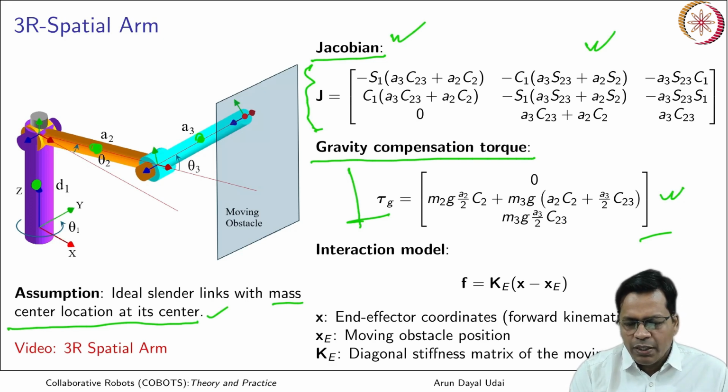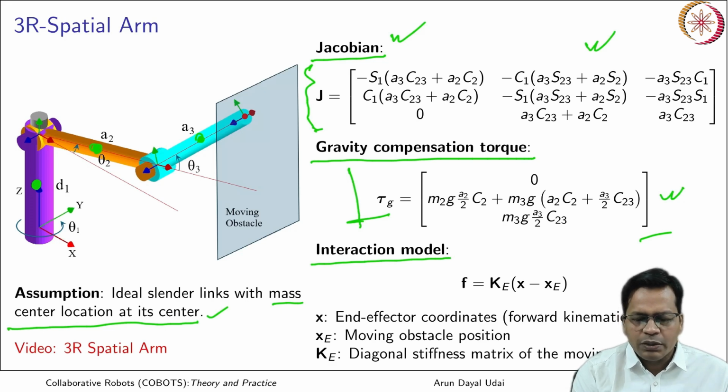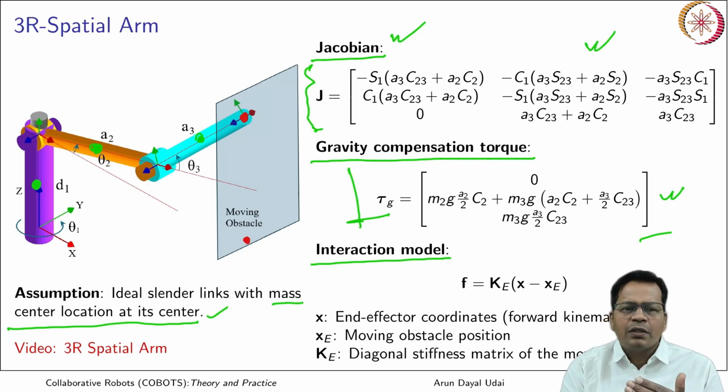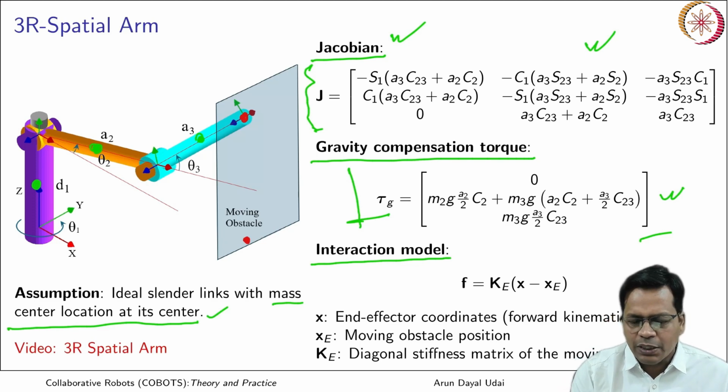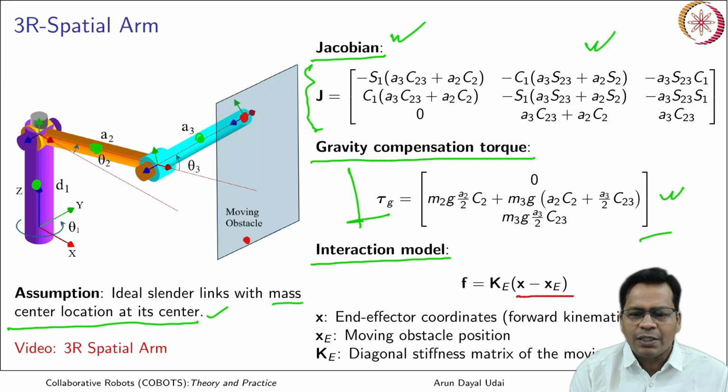Okay, the interaction model I have taken like this. So the robot's end effector position is here, and this moving obstacle is somewhere here. Whatever is the penetration that happens into this obstacle is calculated using x minus xe.